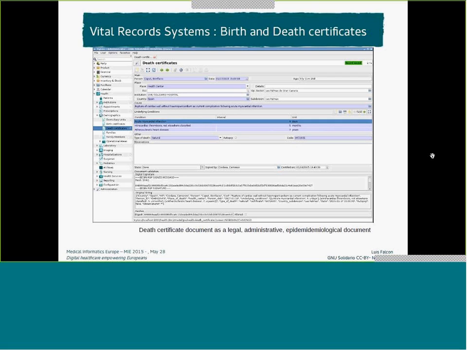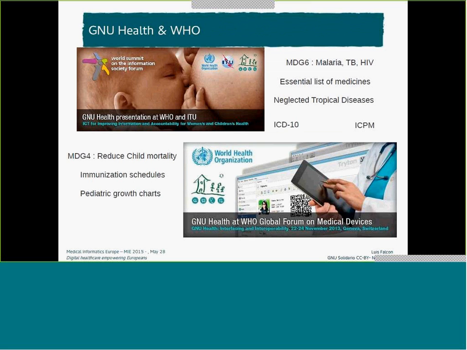We've been working along with WHO in the last years, and we have been at the ITU and WHO in Geneva at the Forum of Medical Devices, doing presentations on IT for women and children's health.